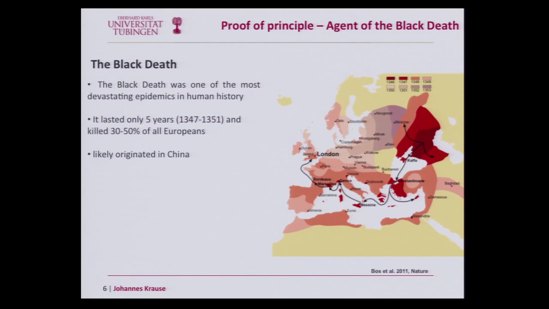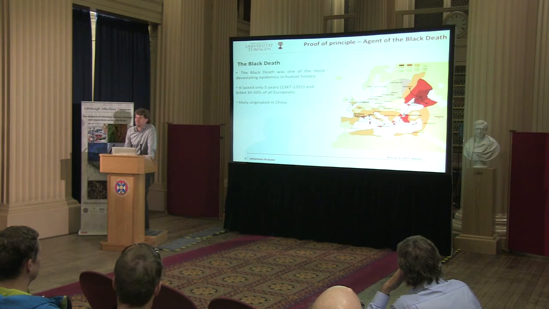And this colony was actually attacked by Mongols, how they called them at least. And they actually catapulted dead bodies into the city. And from those dead bodies, it seems that a pandemic, or this epidemic basically, spread.